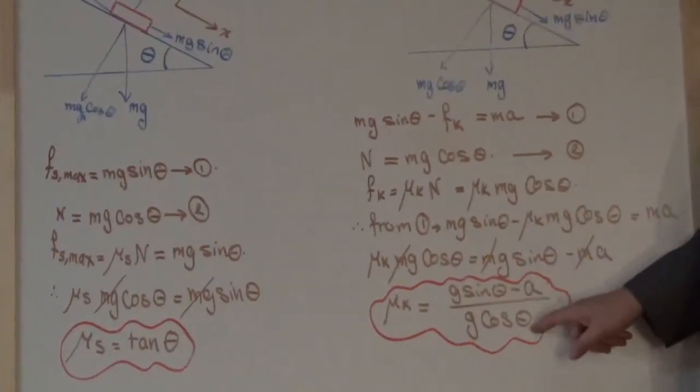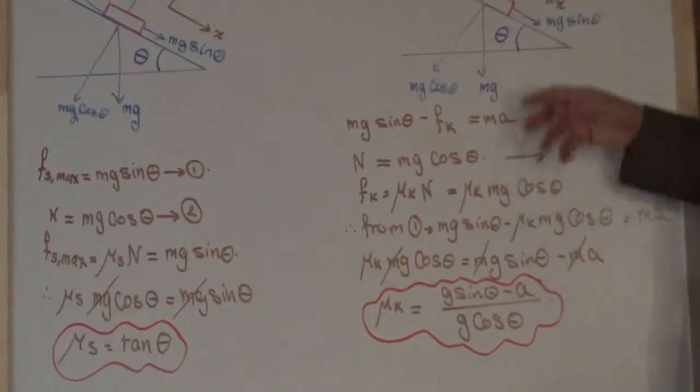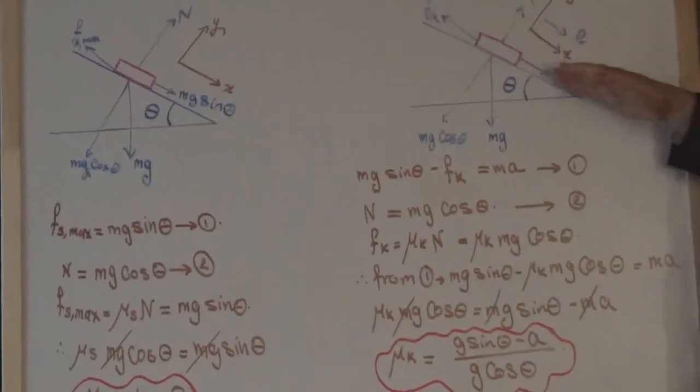And this theta right here is the critical angle. This is the angle that makes this object go down.